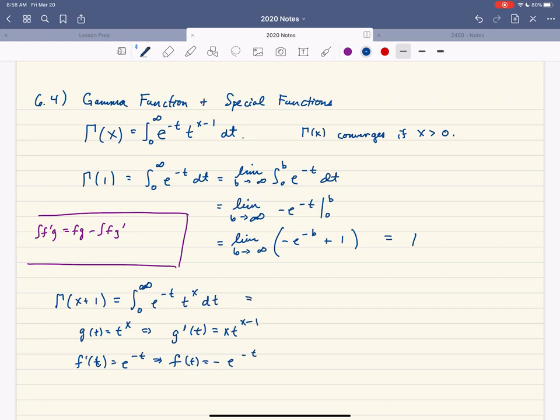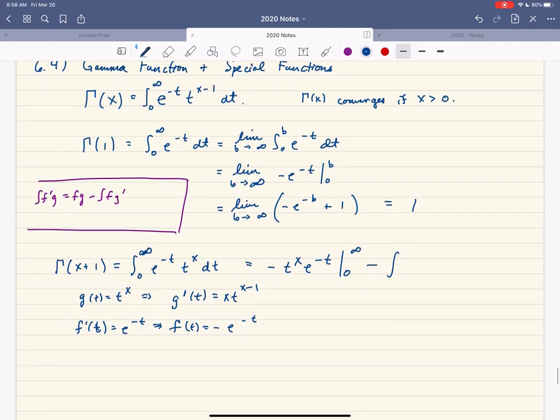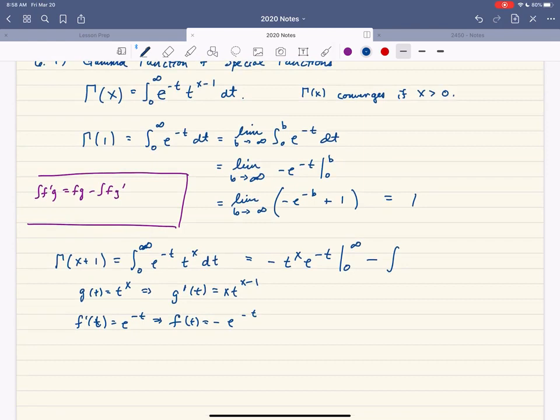And so altogether, this is going to become the integral of f times g, so that's negative t to the x e to the negative t, from 0 to infinity, minus the integral of f g prime, which is negative e to the negative t times x t to the x minus 1 dt.